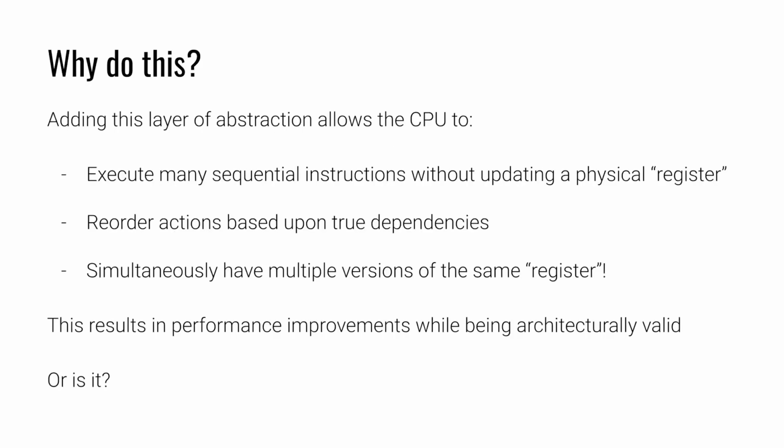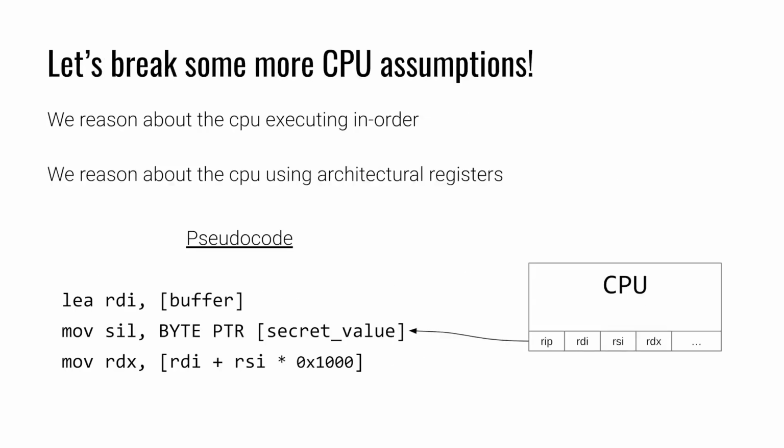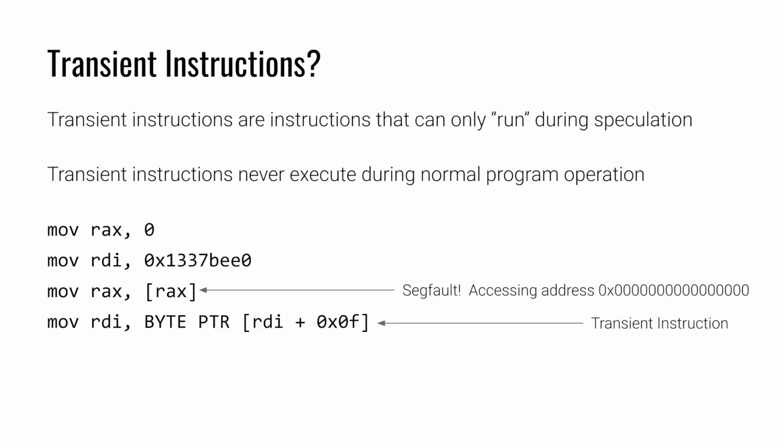And so that allows the CPU to execute multiple assembly instructions without having to go back and store a value in a quote unquote physical register, right? Now, there's another thing that this allows the CPU to do, which I alluded to earlier when I was talking about dependency chains.